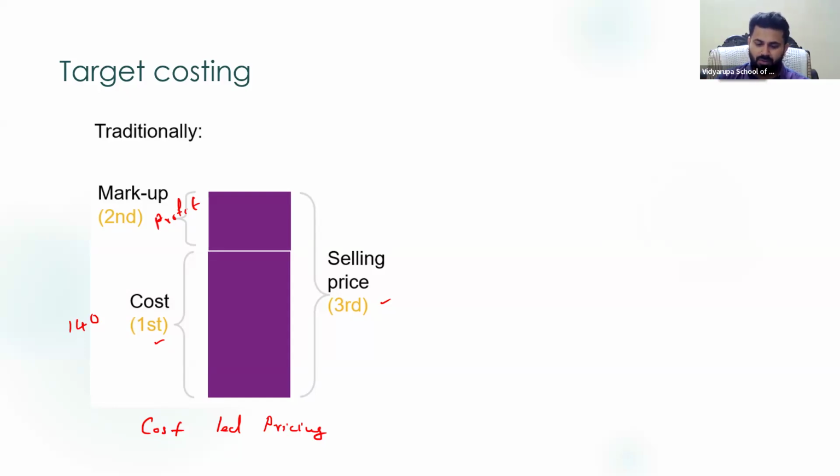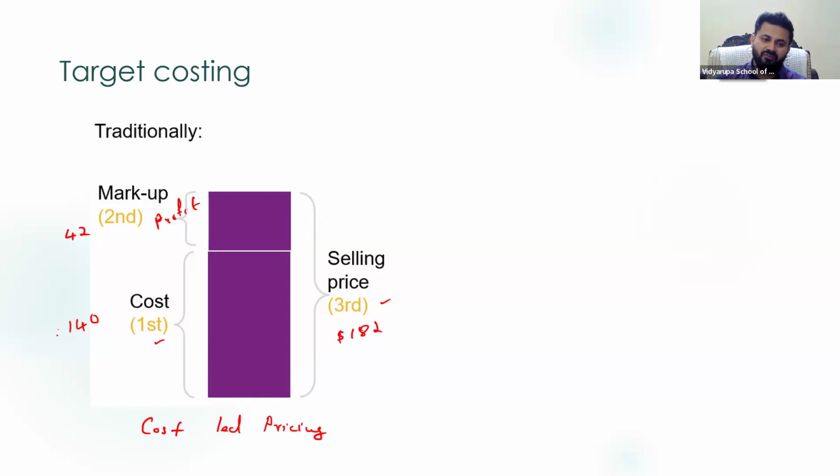I'm giving an example. So 140 into 30%, like I said they are looking for 30% profit, you can also do the math, will come to 42. They'll add $42. So 140 plus this 42 will set the selling price at 182. We'll sell the item at 182.